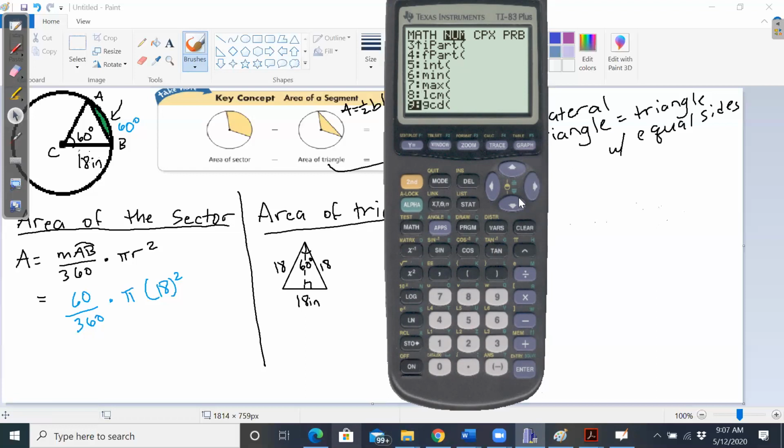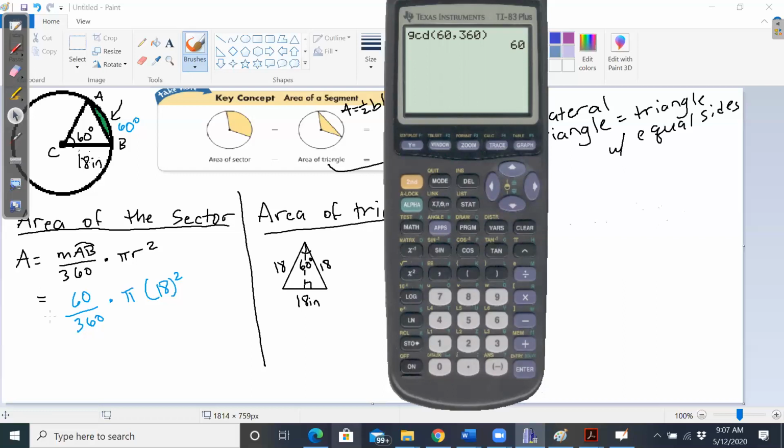If you go to the side where it says num and scroll all the way down to GCD, you can use that to find a greatest common factor. So I can just put in 60, comma, 360, close parentheses. Your greatest common factor is 60.